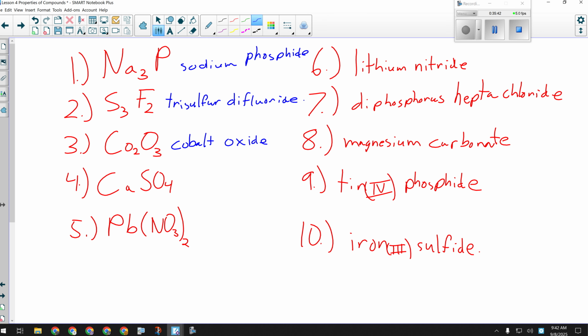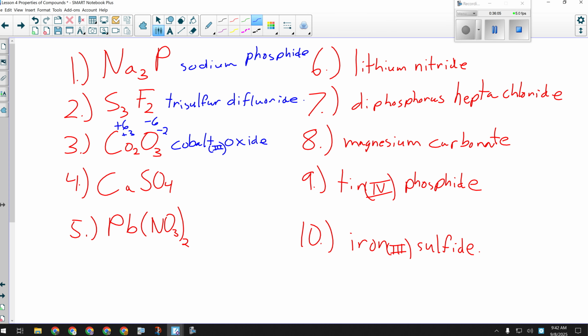All right, so as always, I look to the non-metal. Oxygen's always a -2. -2 times 3 gives me 6 negative charges that have to be balanced off by 6 positive charges coming from only 2 cobalt. 6 divided by 2 is +3. This is cobalt Roman numeral 3.